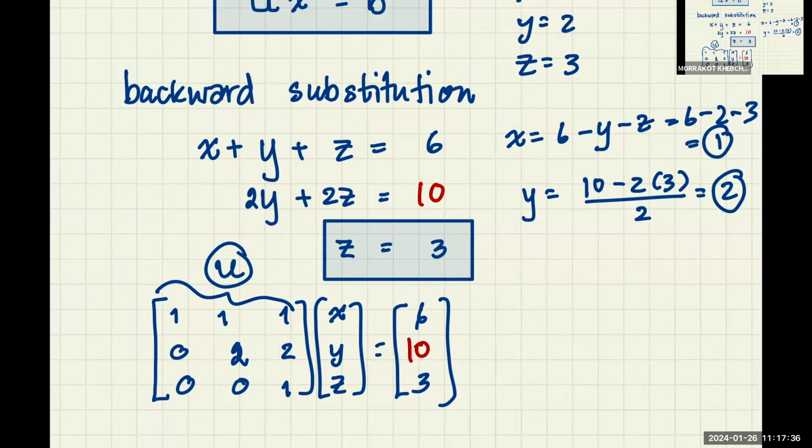If you see this system, you can solve for x, y, and z easily because you originally get the value of z. z can be calculated easily for this particular problem because you have 1 z equal to 3. Even if you have 2 z or 3 z equal to 3, you can find z easily. Once you know z, you plug it in, you can solve for y. You know z and y, you get x. So this is called backward substitution, or in short, back substitution.